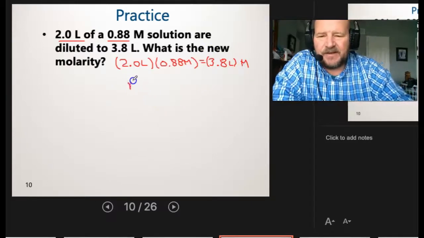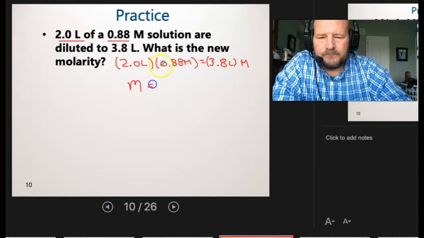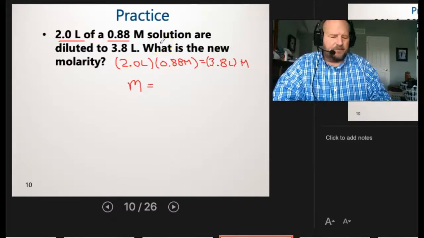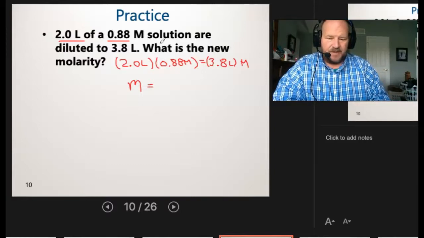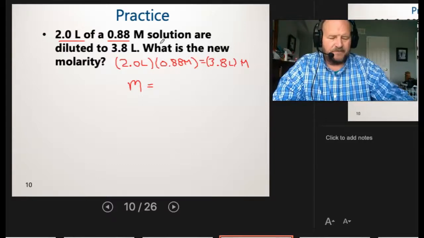So the new molarity is going to equal 2.0 times 0.88 divided by 3.8.